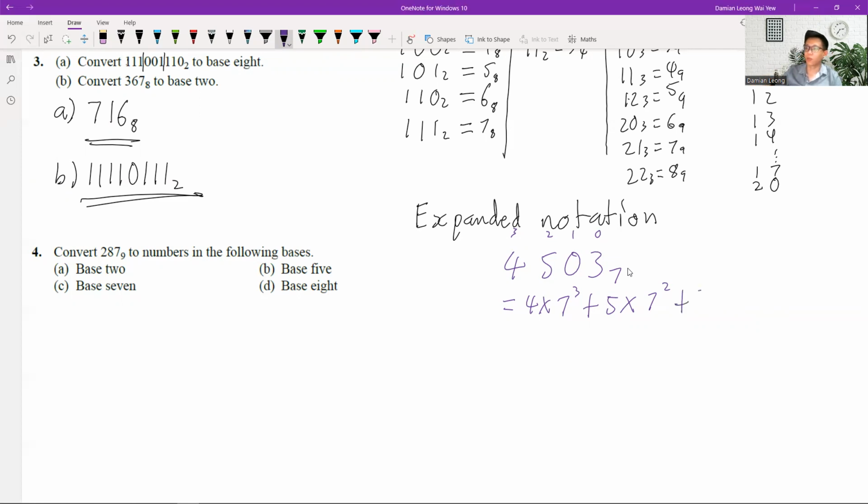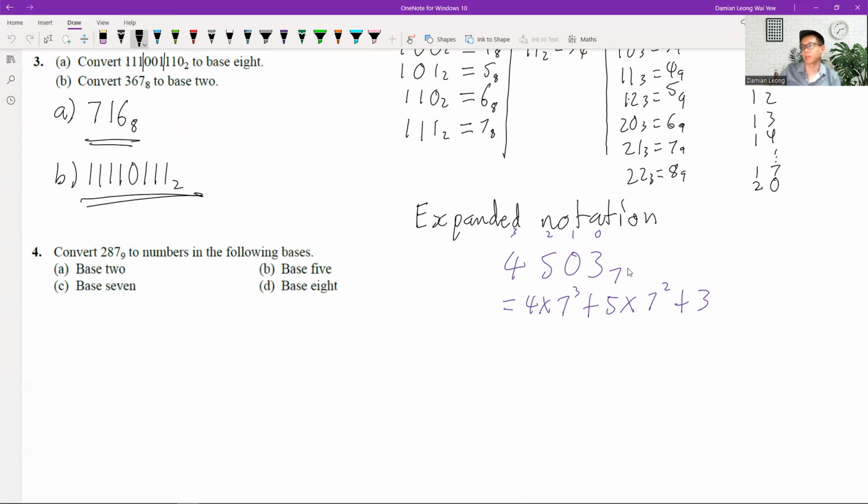Yeah. So whether you write 3 times 7 to the power 0 or you just write 3, it doesn't really matter. Because anything to the power 0 is 1. Times 1, it doesn't change anything. So for the last position, you can write the number itself.